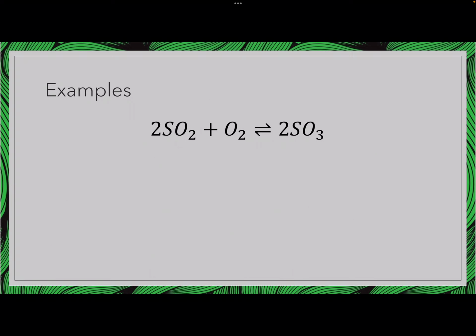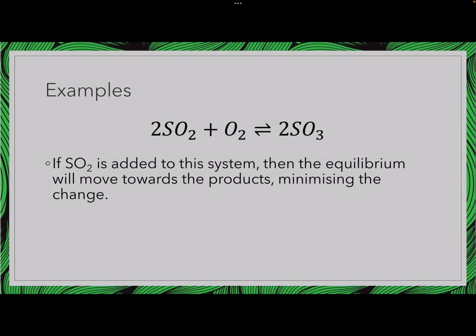Like this one. So we've got 2 sulfur dioxide plus oxygen in equilibrium with 2 sulfur trioxide. Now, if we add SO2 to the system, so we're adding stuff here, the equilibrium is going to shift away from that side, so it's going to shift that way towards the products. So it's going to minimize that change.